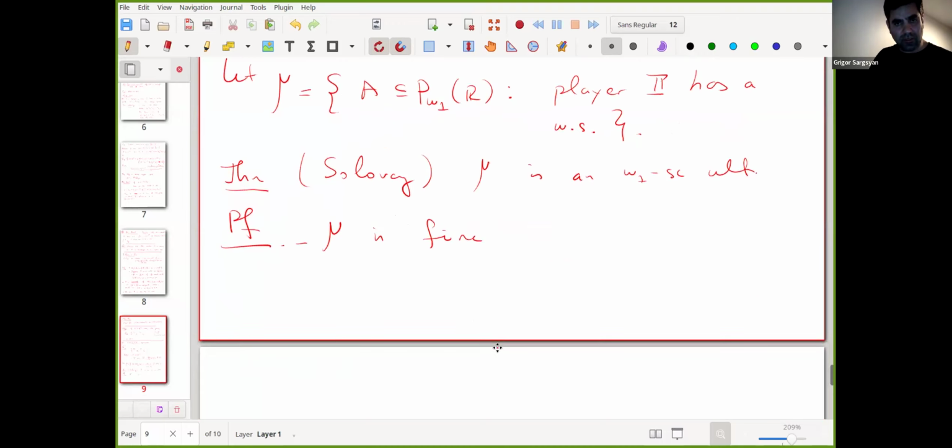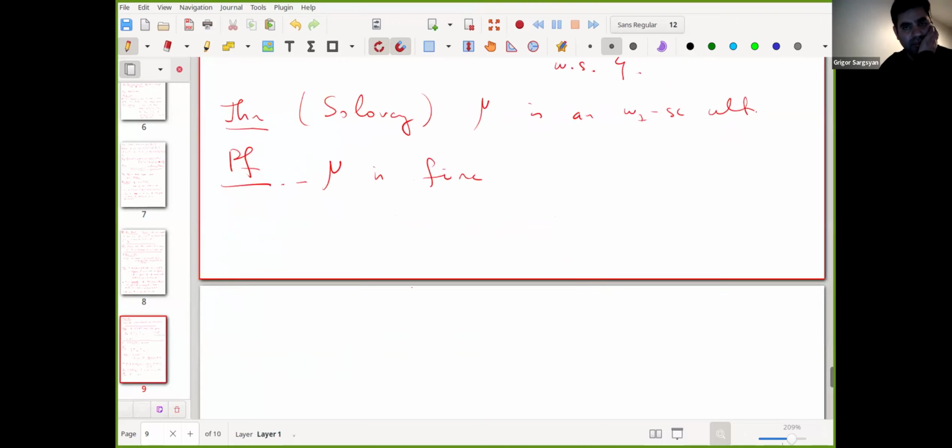Pick A. We want to see that the set of sigma, a member of P omega 1 of R, such that A belongs to sigma, is in mu.